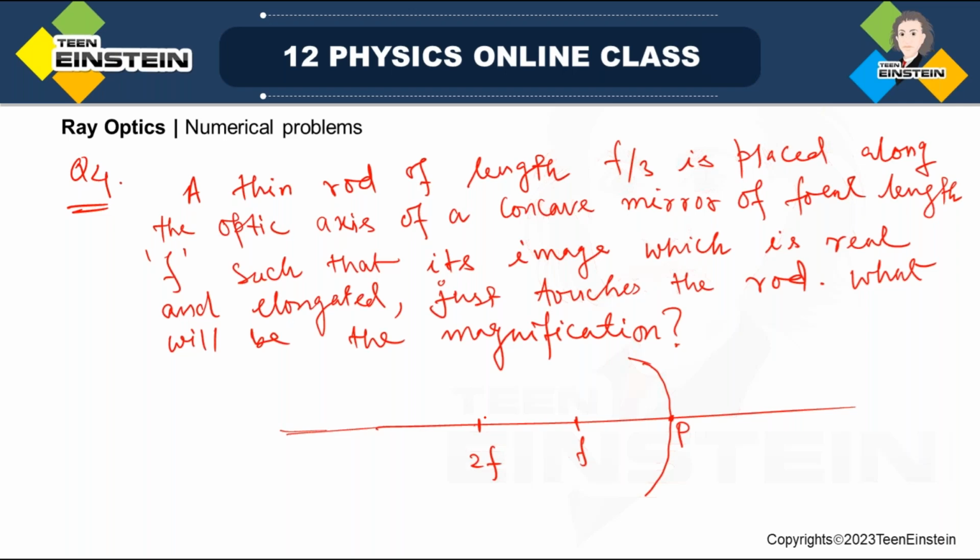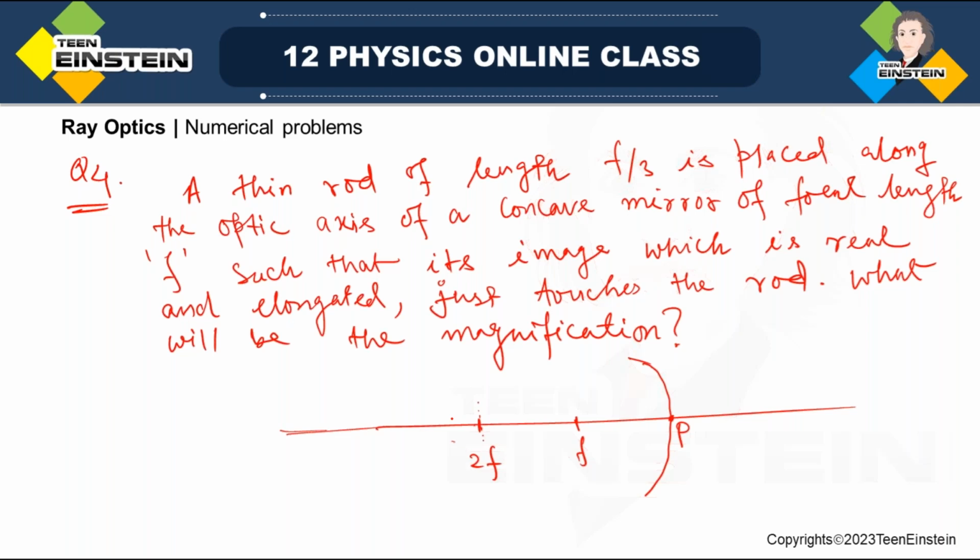Okay, so the image of the rod placed along the optic axis will touch the rod, right?